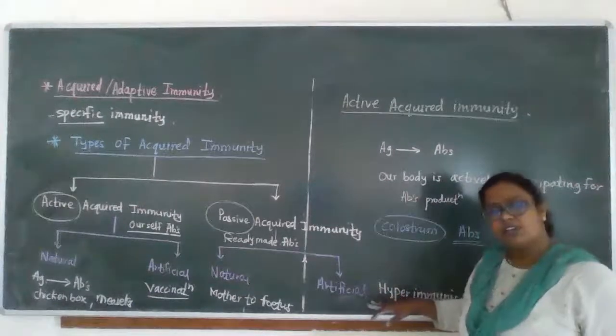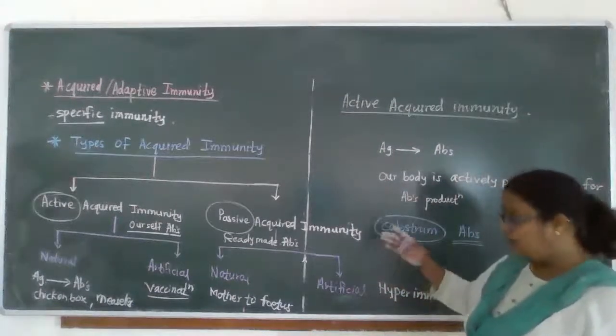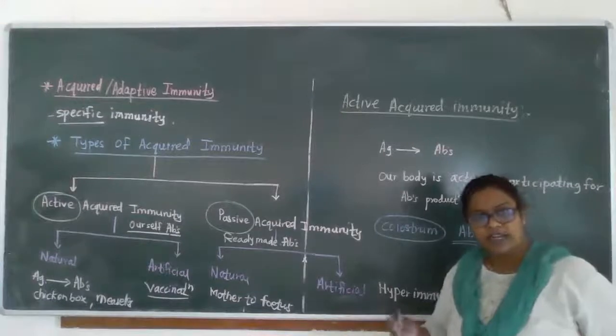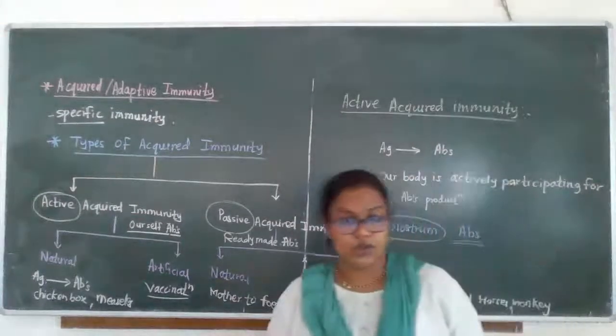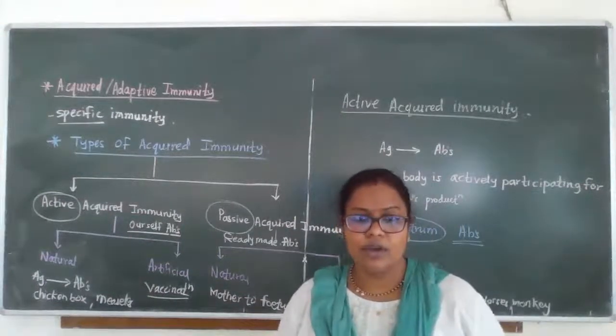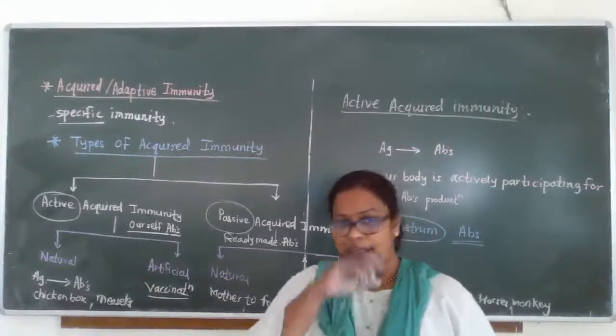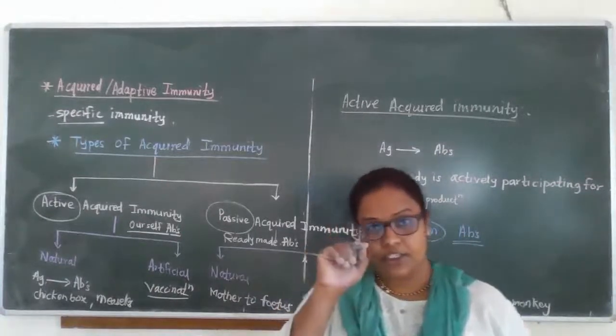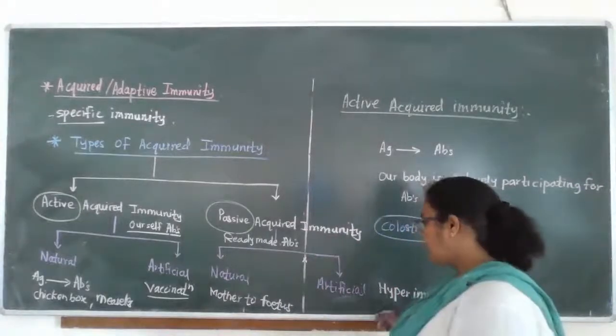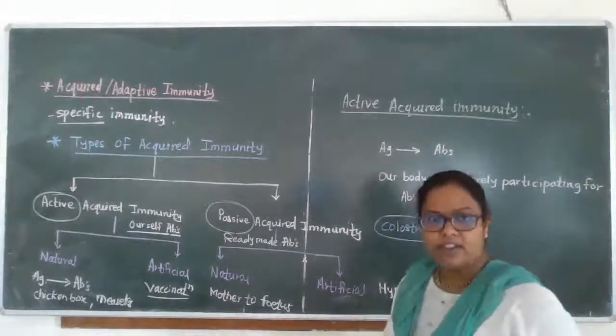This artificial passive acquired immunity is especially done against rabies. When a dog bite happens to us, at that time we take the rabies injections, or for any animal's bite.